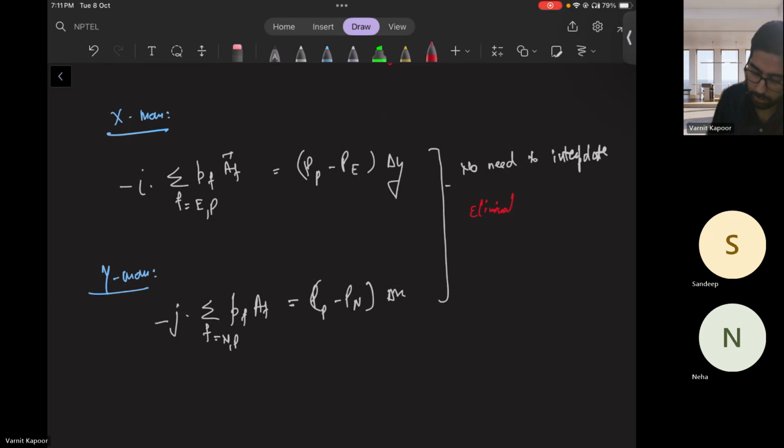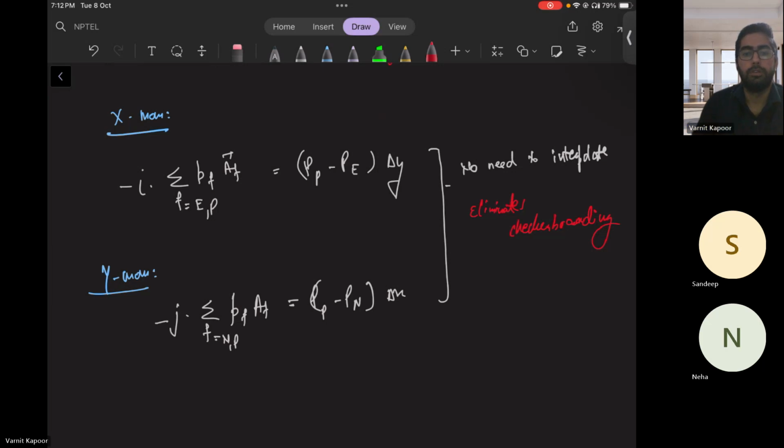It eliminates checkerboarding. All right. So what the staggered grid has done is it results in avoidance of pressure and velocity checkerboarding.